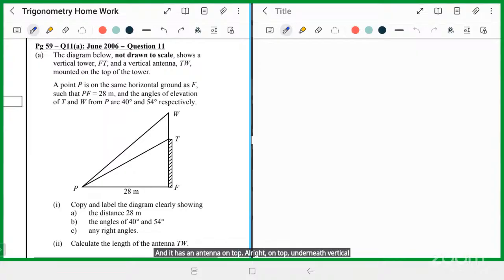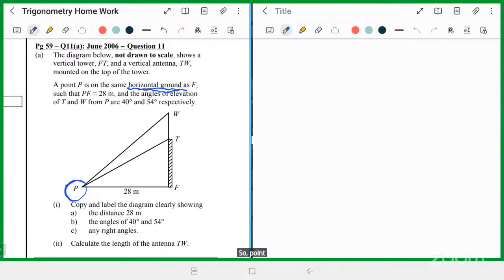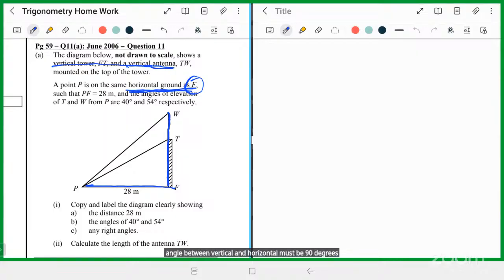All right, I'm going to give us some information now. It says a point P on the same horizontal ground. So point P is on the same horizontal ground as F. So these two points are on the same horizontal ground. Now what we have here is vertical and horizontal meeting at F. The angle between vertical and horizontal must be 90 degrees. They're not going to tell you, you have to know.